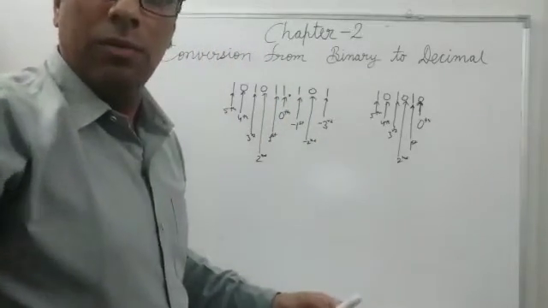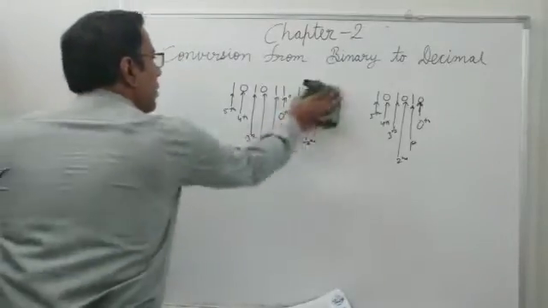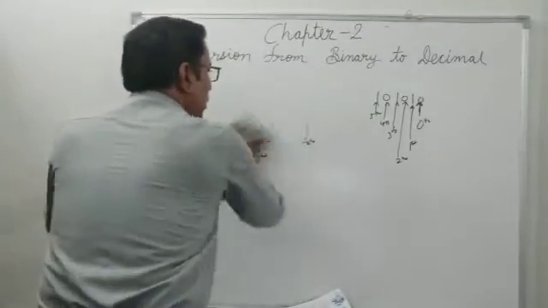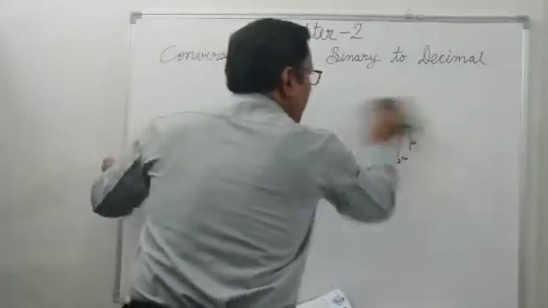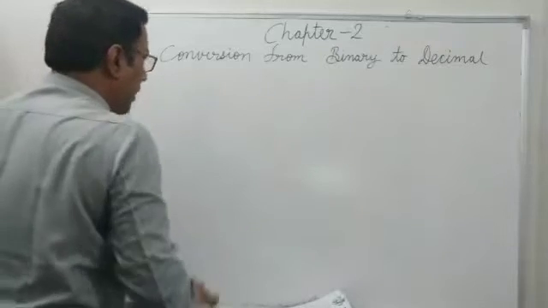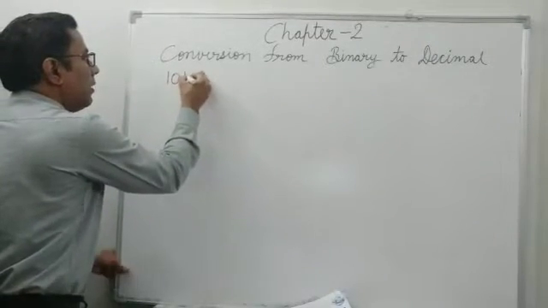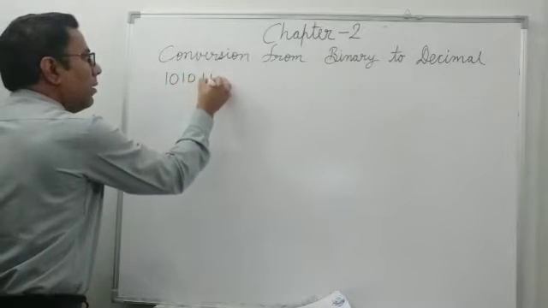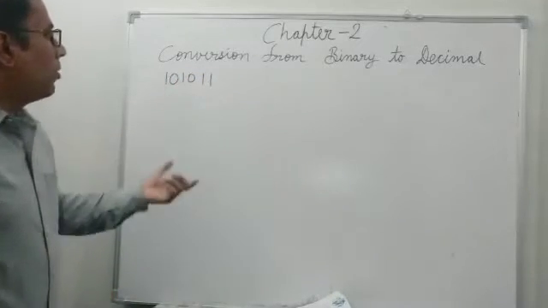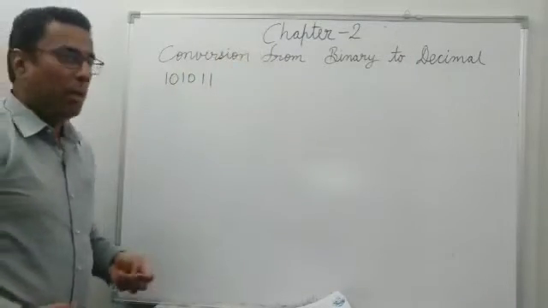Okay, now let's start the conversion from binary to decimal. Suppose I have the binary number 101011, and I want to convert this binary number to a decimal number.